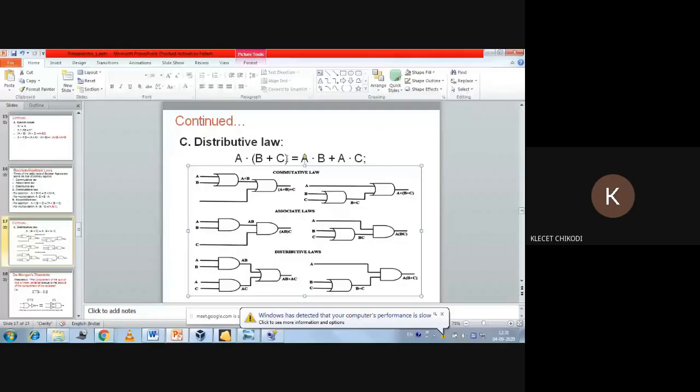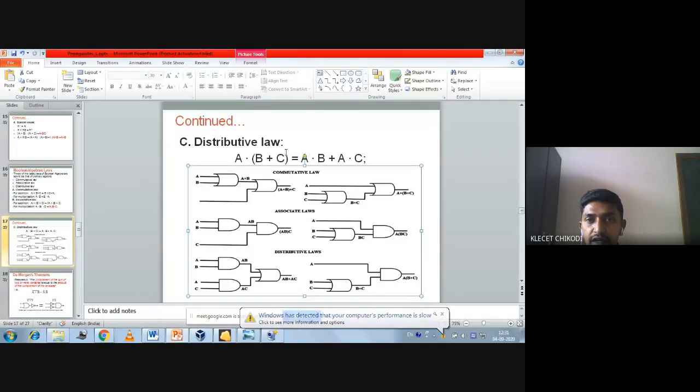Now the LHS part, that is A into B plus C. You can see that here they have given the A input directly to the AND gate, and for B plus C they have taken the OR gate first. The inputs are B and C, and the output will be B plus C for the OR gate.